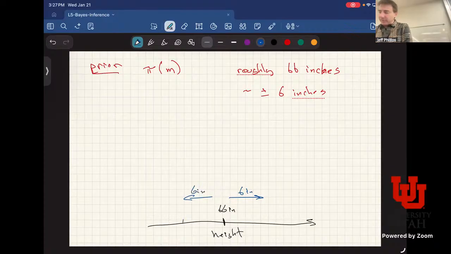So it's probably between 60 inches and 72 inches. That's the range I'm thinking in, and I want to turn this into a continuous equation.